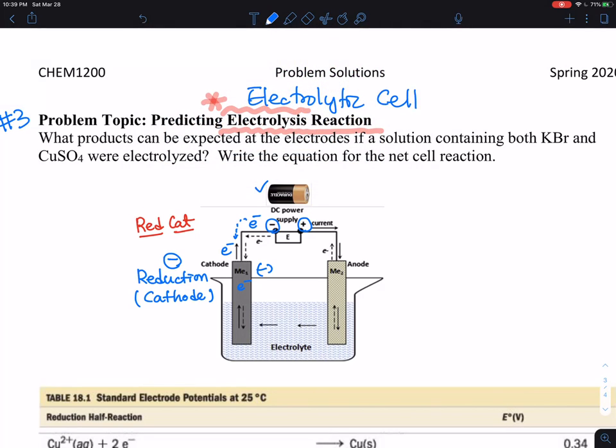The other way around, because the electrons are being depleted from here, electrons go the other way. So there will be a positive terminal, and there will be an oxidation, and that will be the anode.